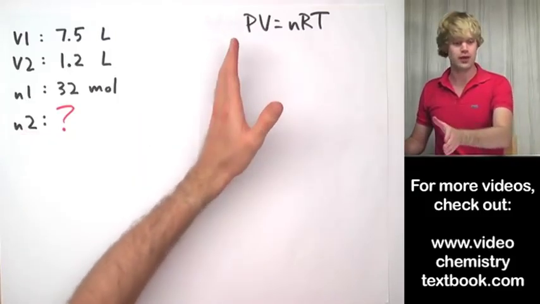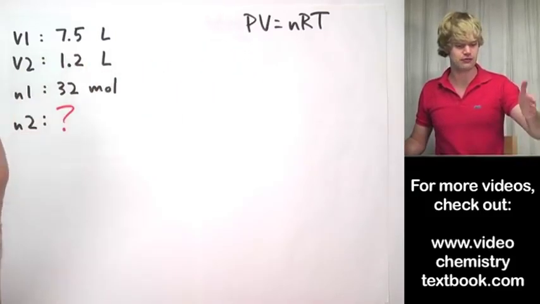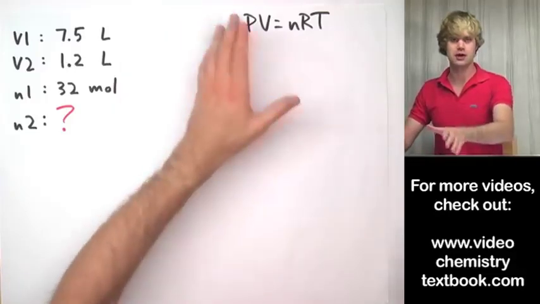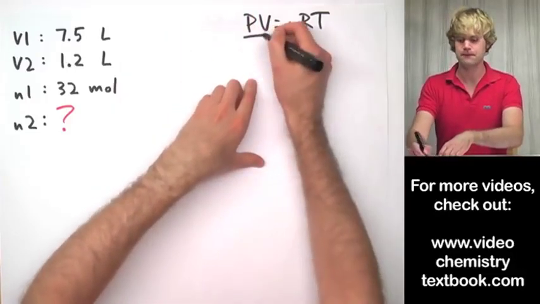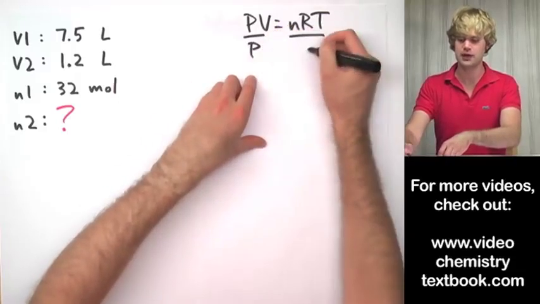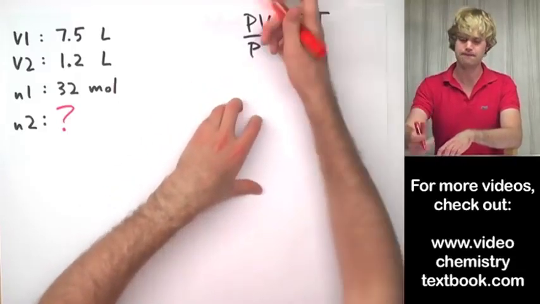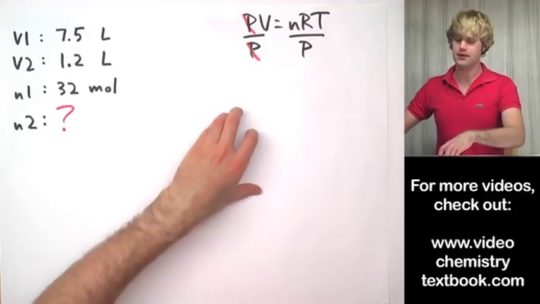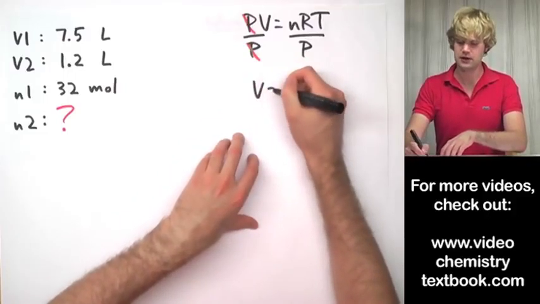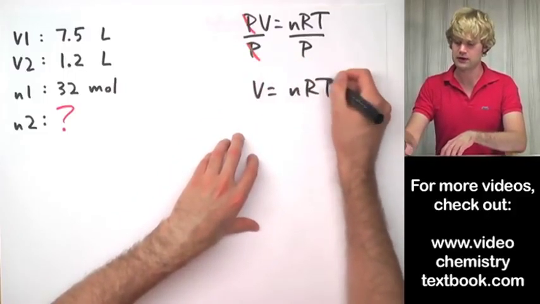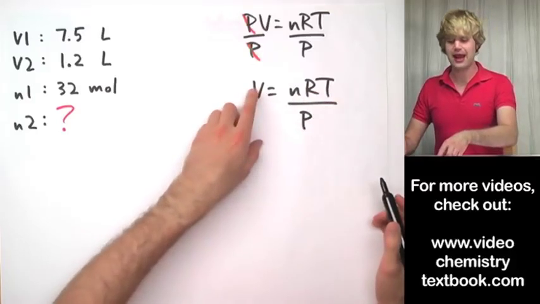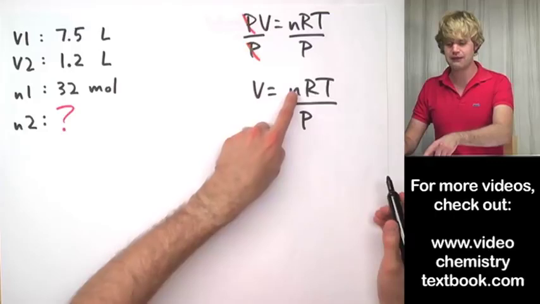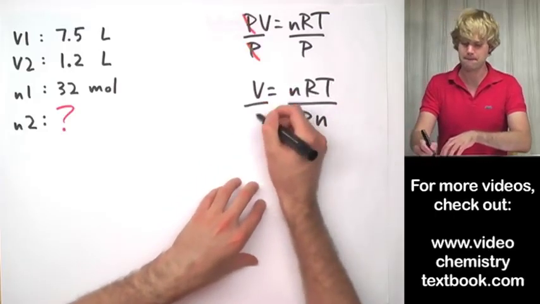So we want to rearrange the ideal gas law so that I have volume and moles by themselves on one side, okay? I will get rid of P so that I have only V alone on this side. Divide both sides by P. And then I have V equals nRT divided by P. And I want to get n to the other side. So I'll divide both sides by n here.